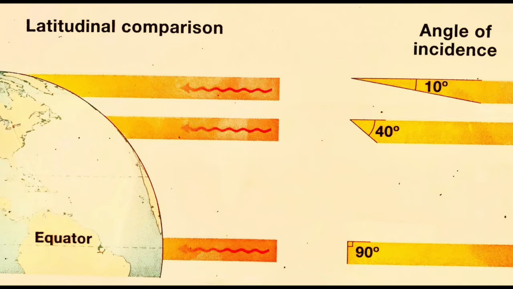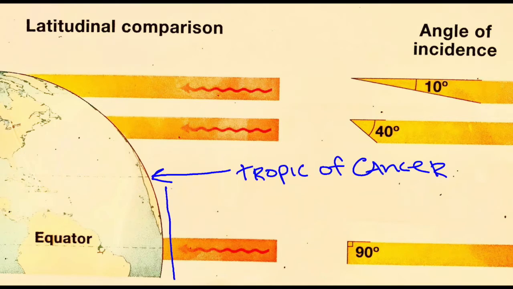There are a number of ways to describe this, but this diagram shows that, for example, the equator is receiving direct 90-degree rays. The way they hit the Earth is on a 90-degree angle in comparison to latitudes that are more north. So the Tropic of Cancer is the northernmost latitude that will ever receive those direct rays of the sun.